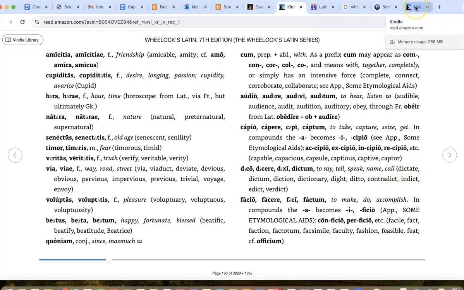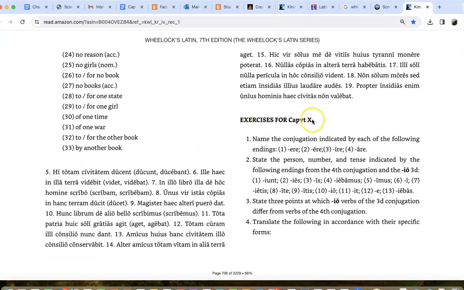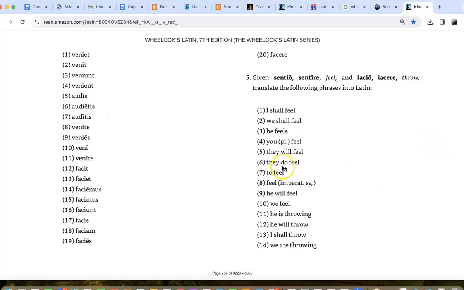And then before you do the exercises that I will cover, I strongly encourage you to do the self-tutorial exercises in the back of Wheelock's Latin. So here we have the exercises for chapter 10, and you also have an answer key for these in the back of the book.